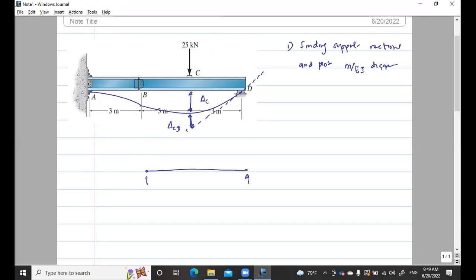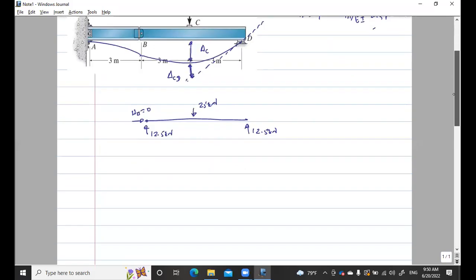If I consider this as a pin, there will be a horizontal force as well and a 25 kilonewton load. Since in the middle I am straight away substituting the values for the reactions, this horizontal component HB becomes 0.